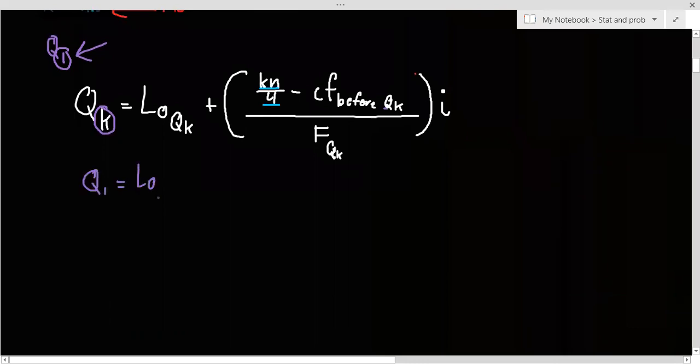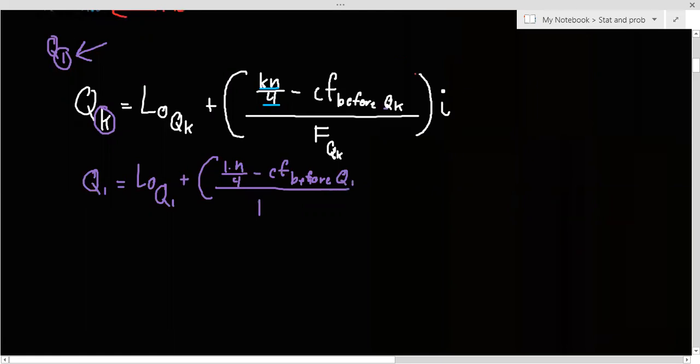So Q1 is equal to the lower boundary of the first quartile class plus quantity 1 times n all over 4 minus the cumulative frequency before the first quartile class all over the frequency of the first quartile class times I. Ayan.